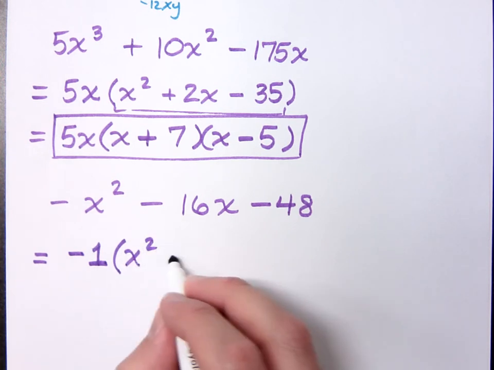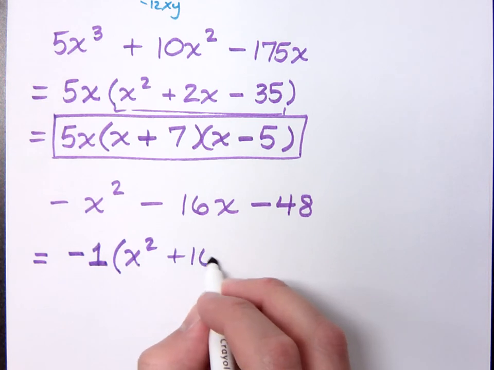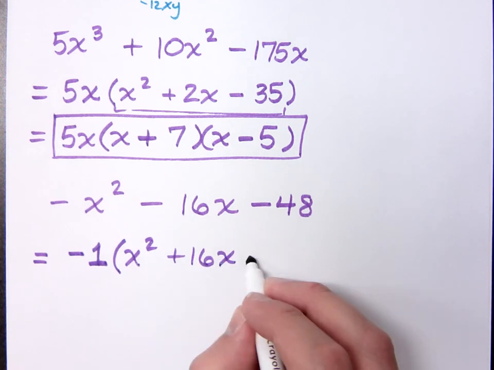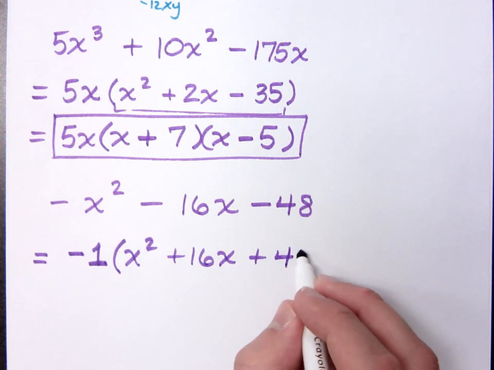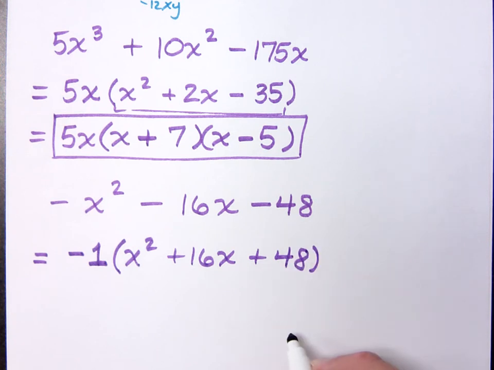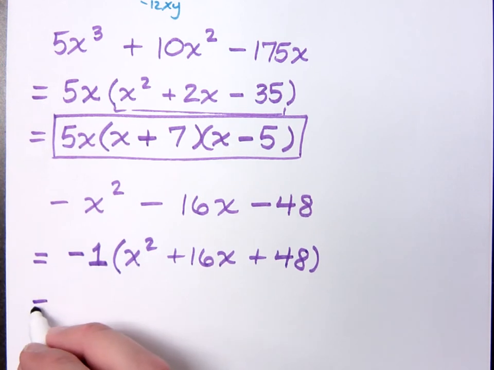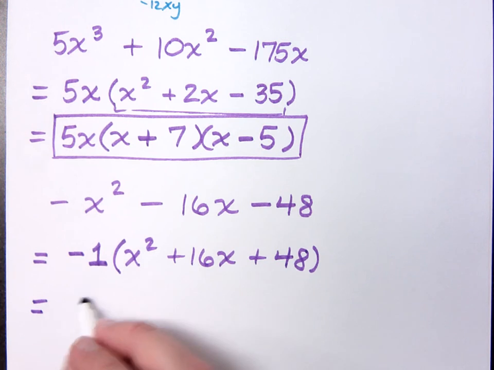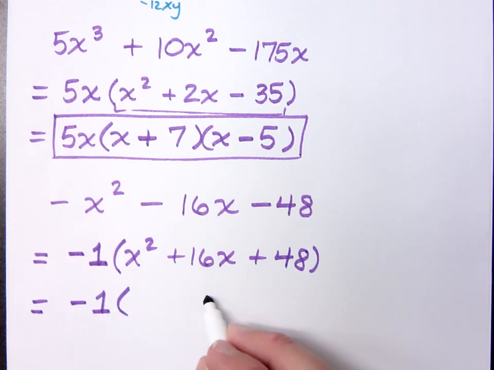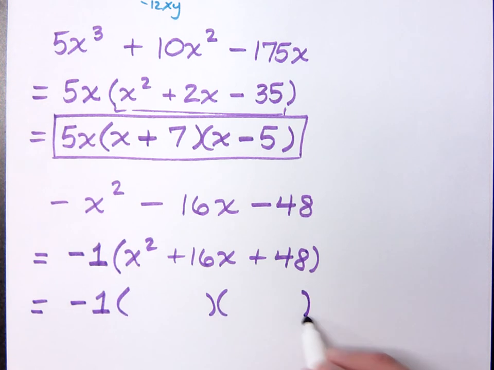It's just x squared plus 16x plus 48. All right, so let's finish this guy. The factor of negative 1 is still out there. X squared plus 16x plus 48 we hope will factor as two binomial factors.